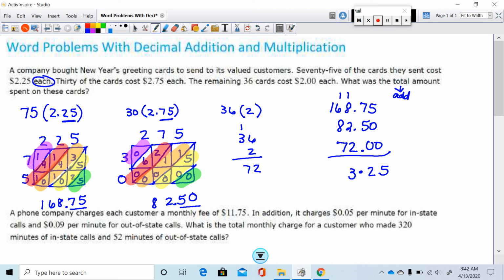Carry the 1. 7, 15, 22, carry the 2, 3. So, the total amount spent on these cards was $323.25.